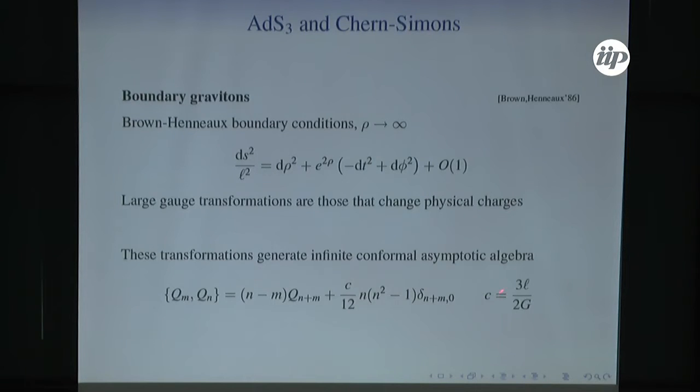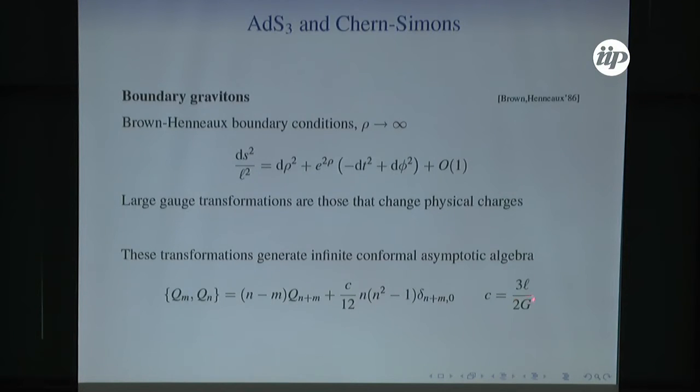This is provided that you associate the central charge of this algebra with this relation: c equals 3L over 2G, the ratio of the L parameter that defines the size of the cosmological constant over 2G, where G is the Newton constant. So usually in AdS/CFT correspondence, you want to work in the regime where gravity is weak.